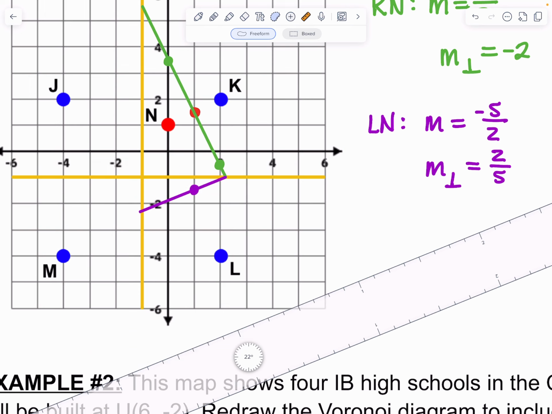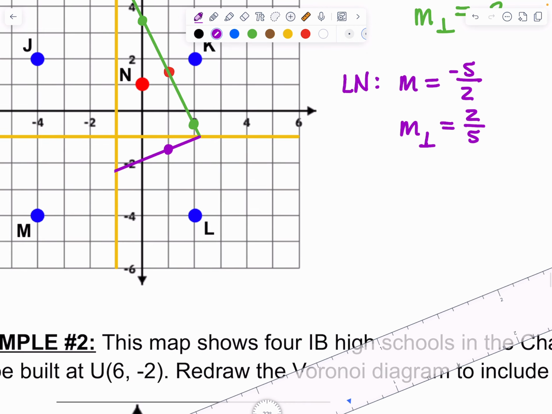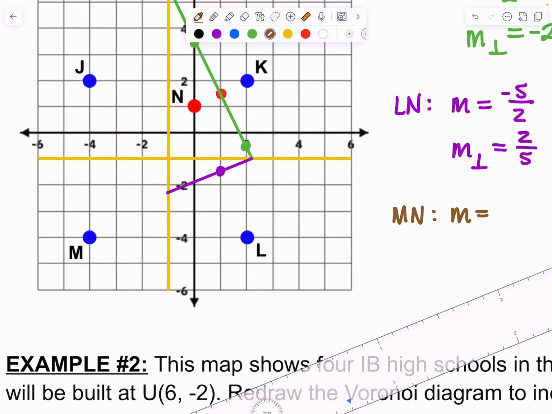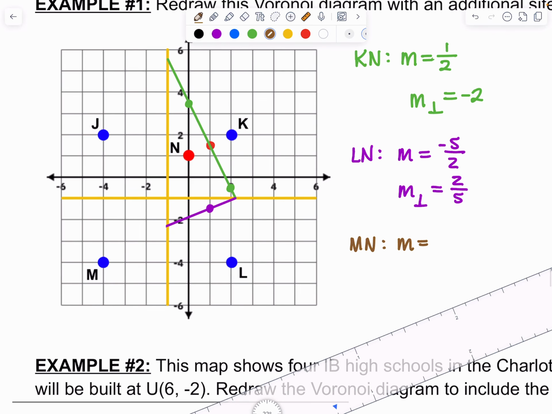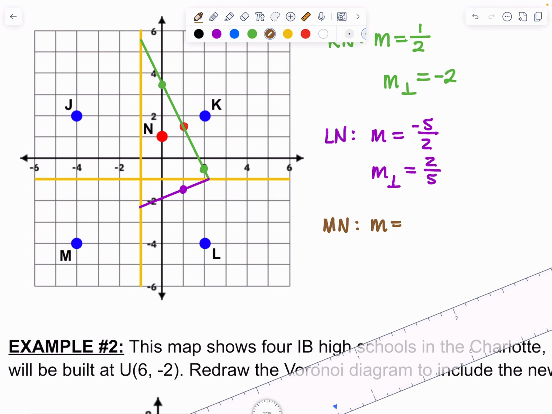All right. And now we need to look at, we separated K and N, L and N. Now we need to look at N and M. So M and N. So the slope between M and N is going up 1, 2, 3, 4, 5.